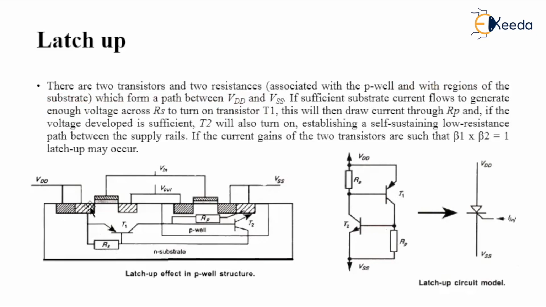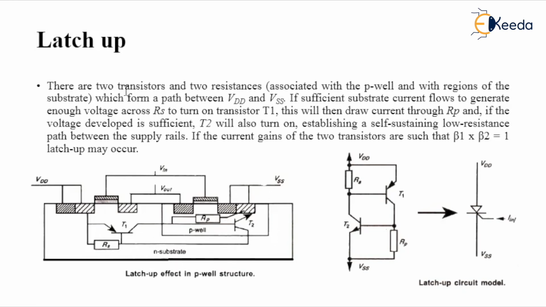Why? Because if this transistor or passive components were not there, it would definitely offer some high resistance. But here, VDD is connected to this T1 RS circuit, and next this is directly connected to T2, RP and VSS.